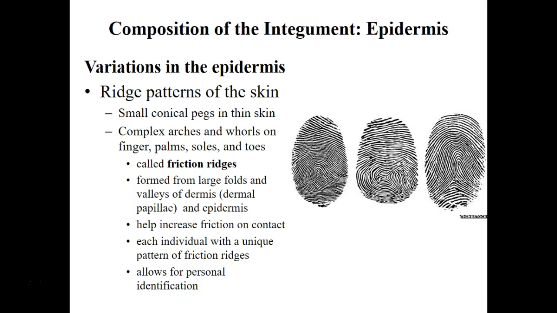That being said, each individual has their own type of fingerprints. No two individuals other than identical twins will have identical fingerprints. And this is why people have used fingerprinting as a form of identification for a long time. These friction ridges, or fingerprints, are formed by the folding of the dermal region.